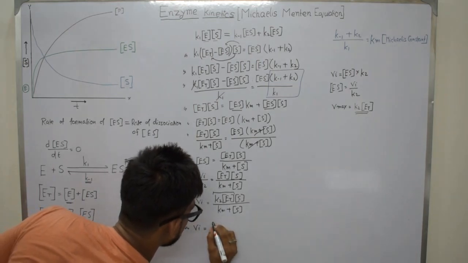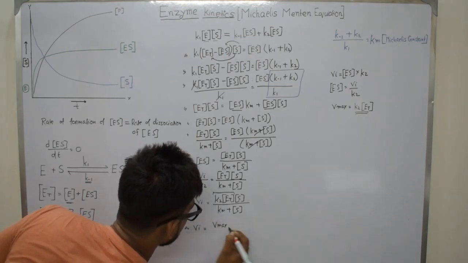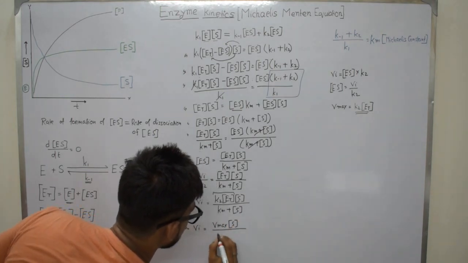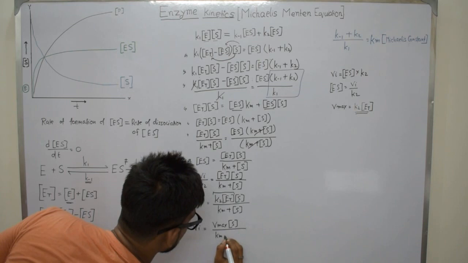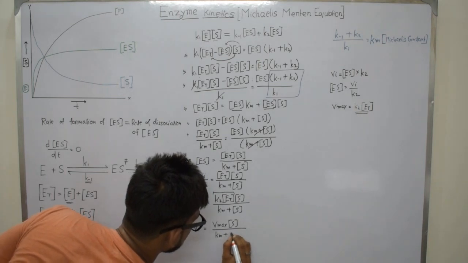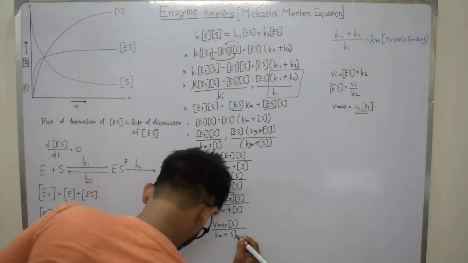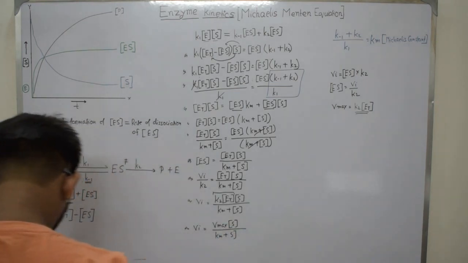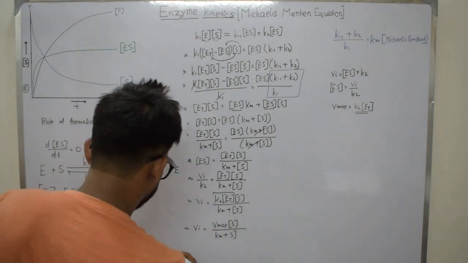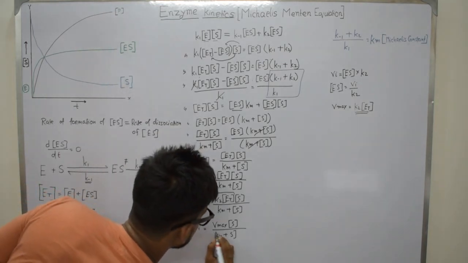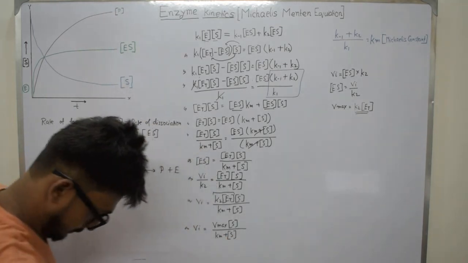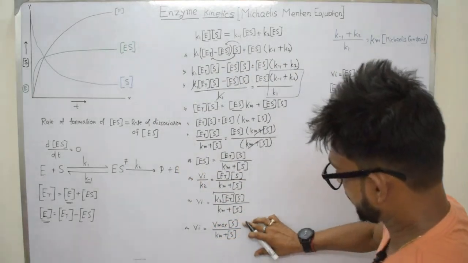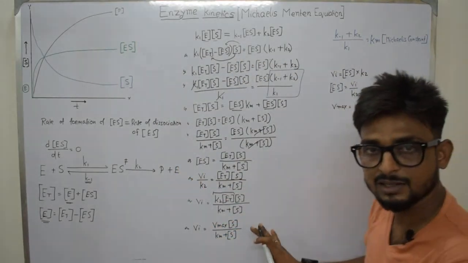Initial velocity is equal to Vmax into the concentration of S into Km plus S. Now this is the actual Michaelis-Menten equation.